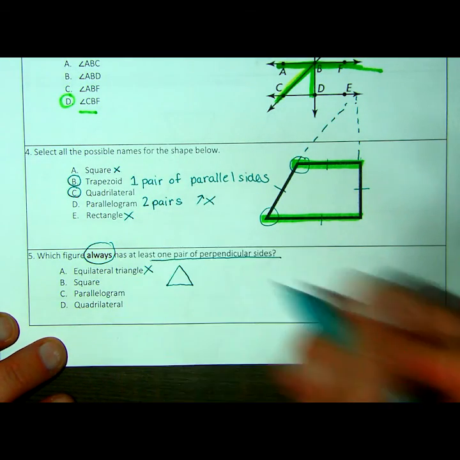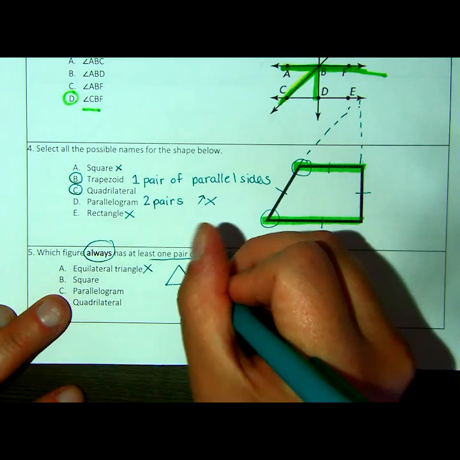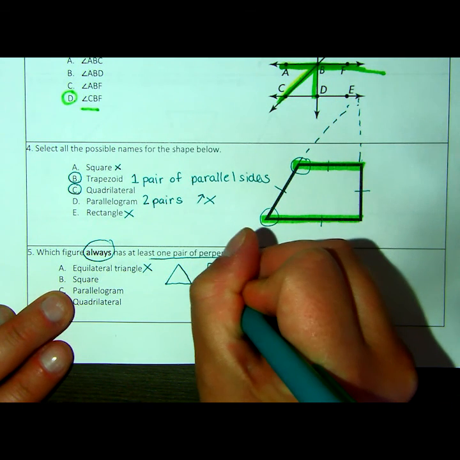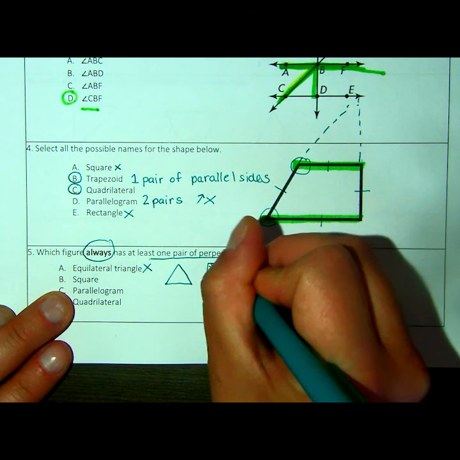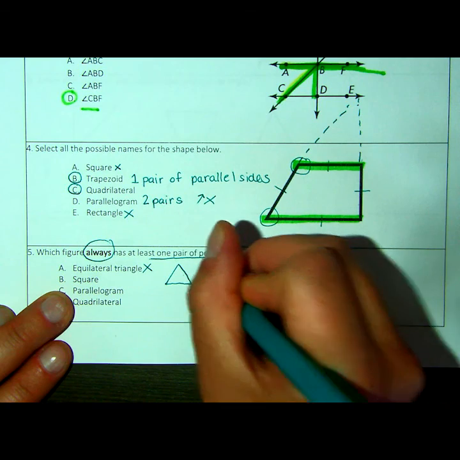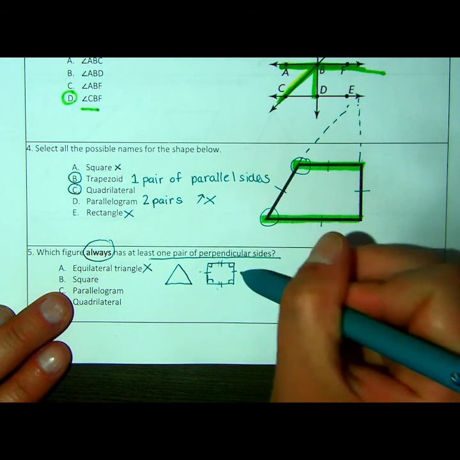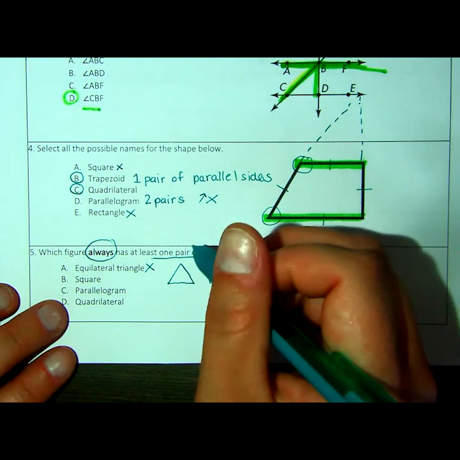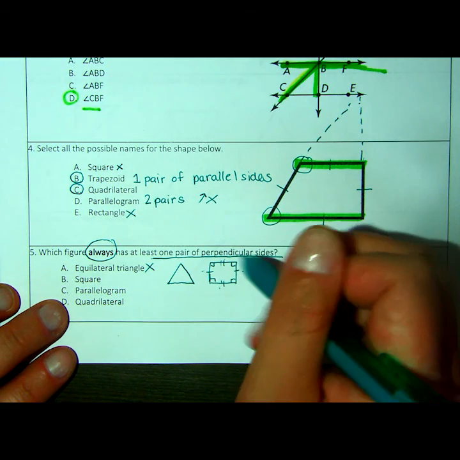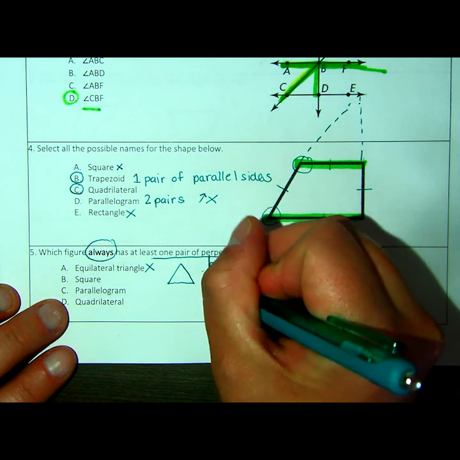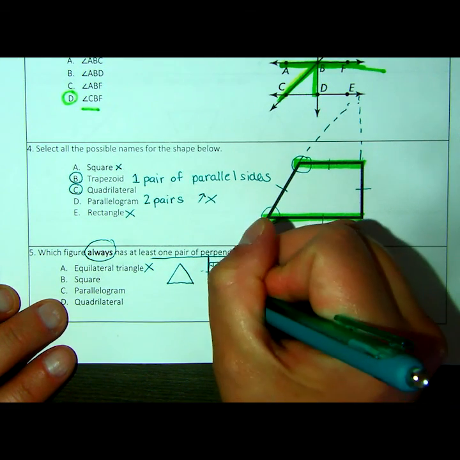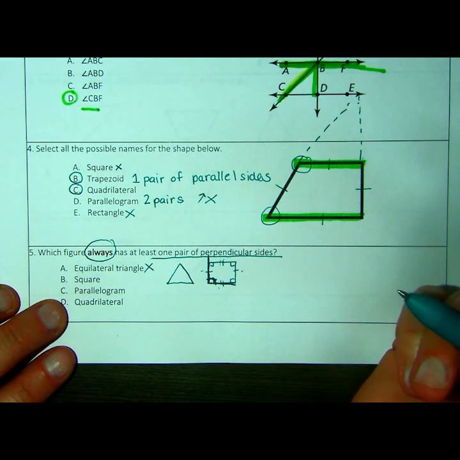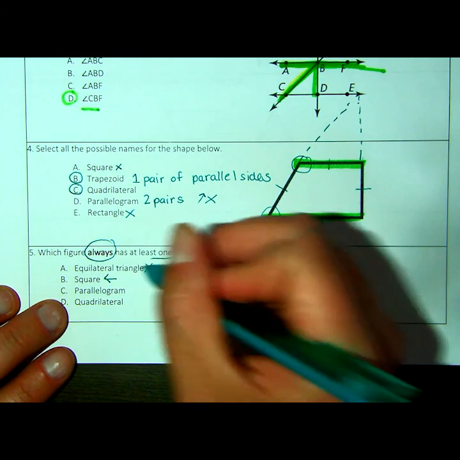No. A square. I know a square has 4 right angles. All 4 sides are the same length. And there's 2 pairs of opposite parallel sides. So this will always have one pair of perpendicular sides, meaning they meet and cross to form a perfect right angle.